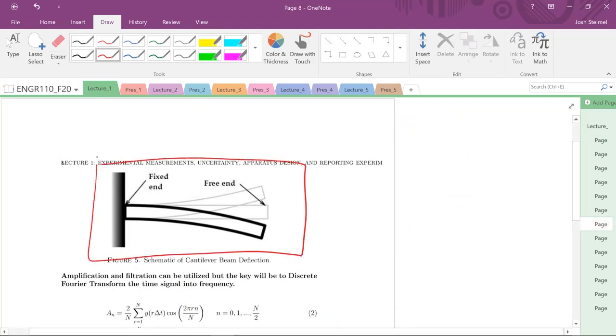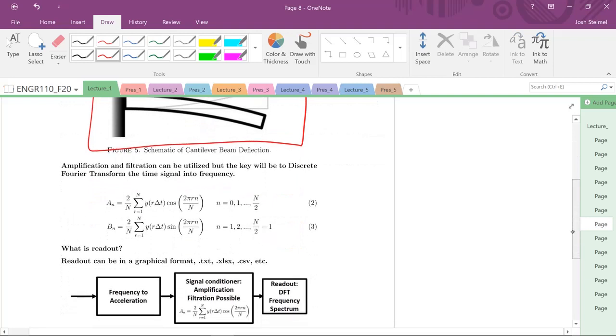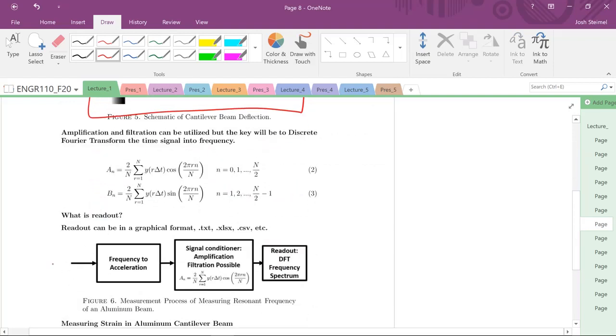We're going to go right here, and our input here is going to be frequency. There really isn't a calibration step here.